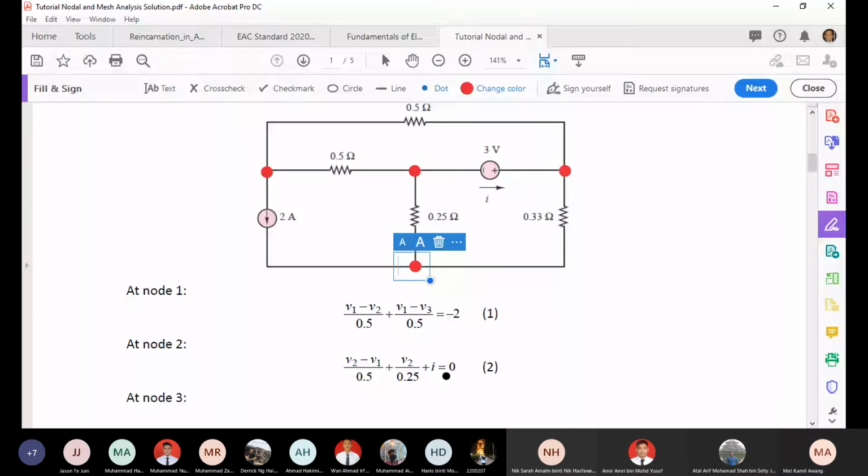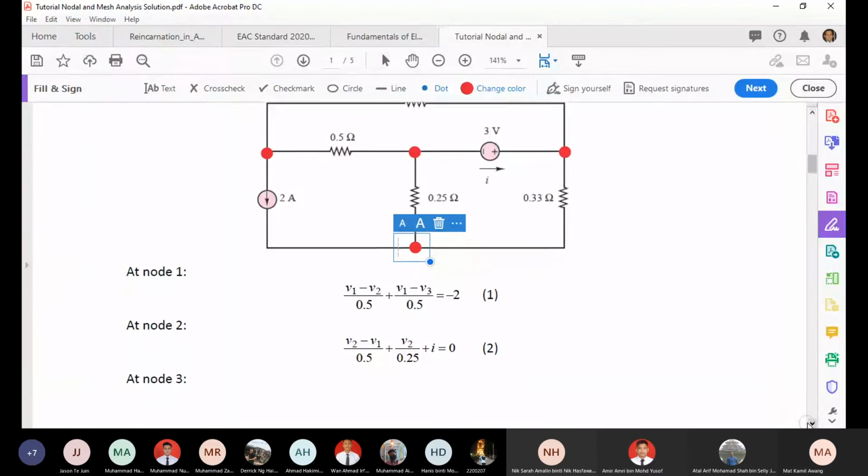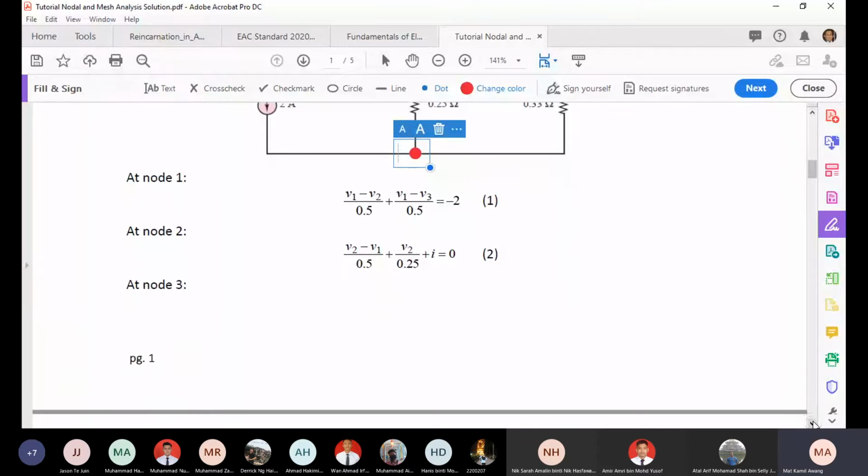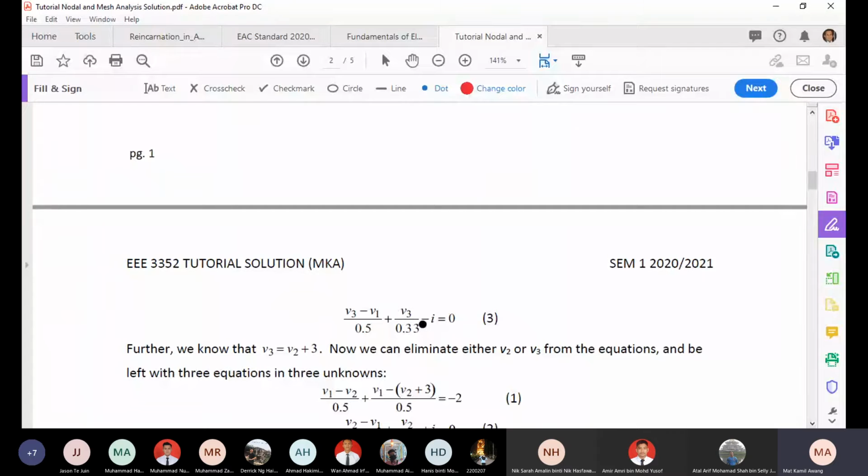For node 3, you have one going in, which is minus, one going out, which is plus, and one going in. So we can write V3 over 0.33 minus I, and minus V1 over V1 minus V3 over 0.5, or you can write V3 minus V1 over 0.5.